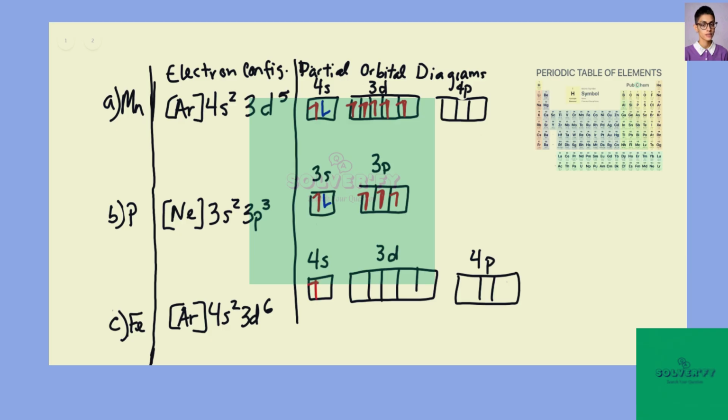In our 4s, we have one up and one down. And then in our 3d, we have 1, 2, 3, 4, 5. Then we still have one more, so we come back to the beginning to have our first pair.